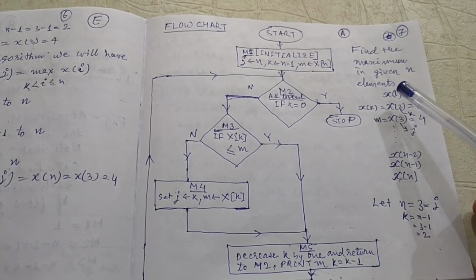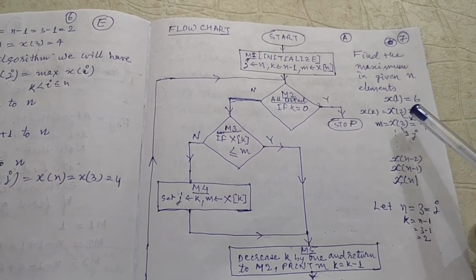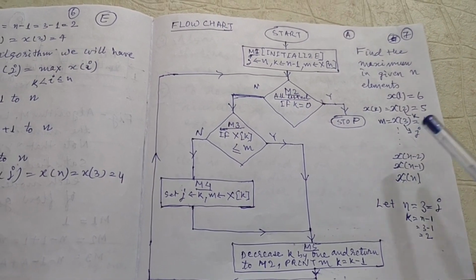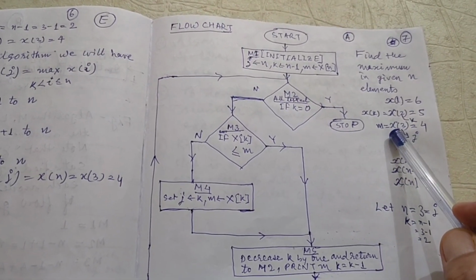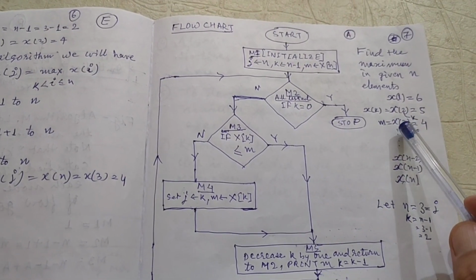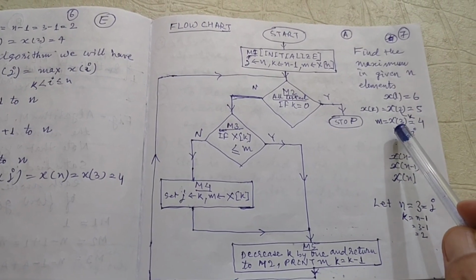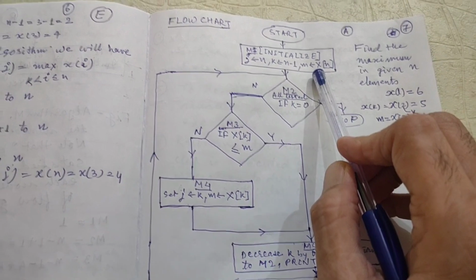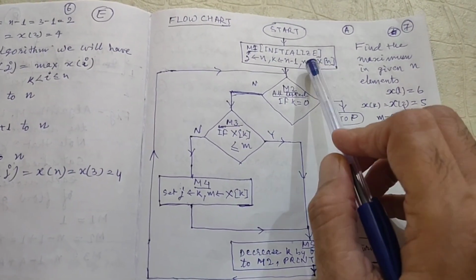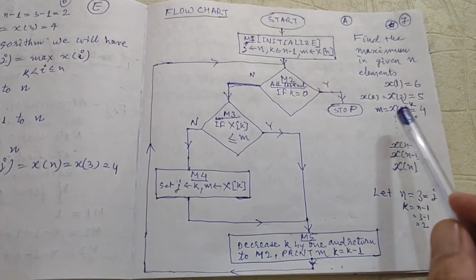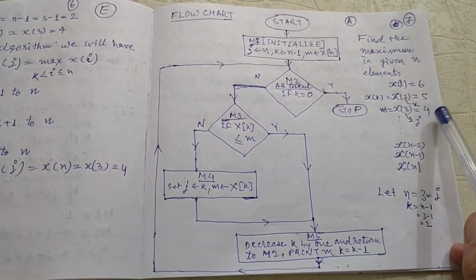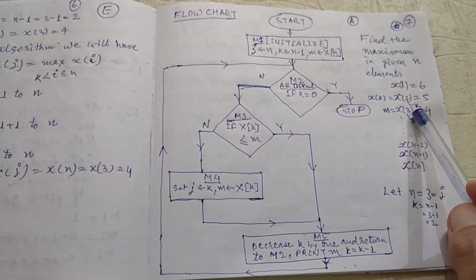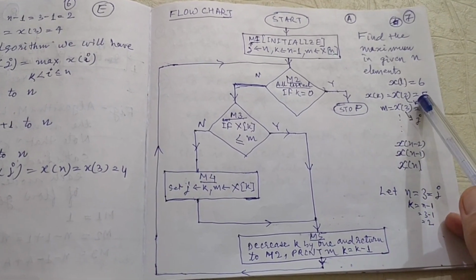Here I have given x1 as 6, x2 as 5, x3 as 4. x3 is xn here because n is 3, and x3 is m as per the initialization step, so m is 4. In the same way x2 is xk here, which has value 5.